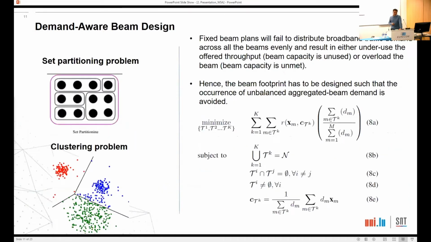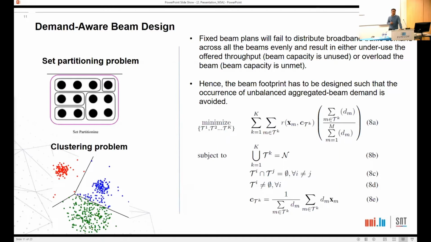Fixed beam design actually fails to distribute the broadband traffic demand across all the beams evenly, and it will result either in underuse of the offered throughput or overload of the beam capacity. Hence the beam footprint has to be designed such that the occurrence of unbalanced aggregated beam demand is avoided. This is solved by the problem statement which we define here using a clustering problem, which is very close to a set partitioning problem.